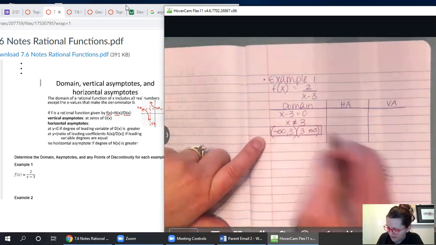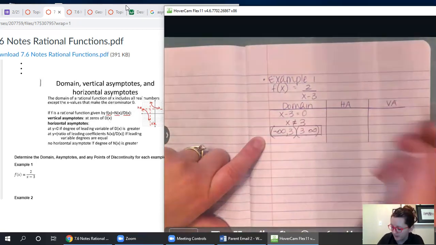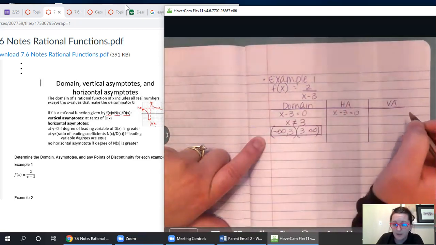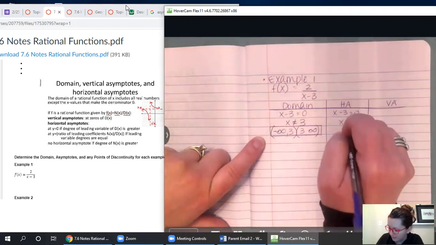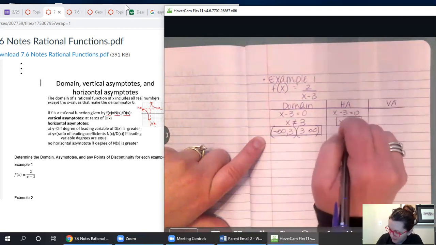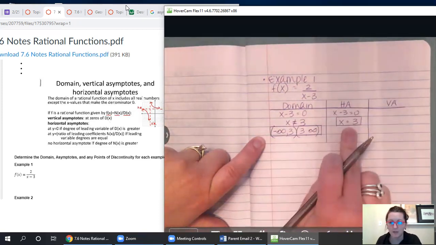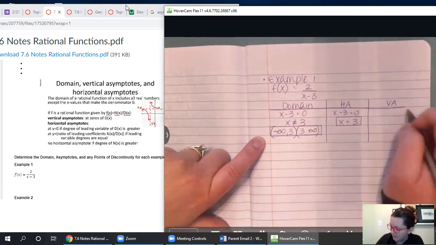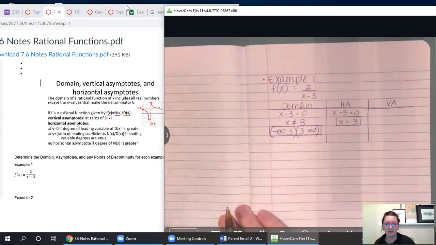My vertical asymptote in this case is the same thing. We set it equal to 0, except this tells us if it's an asymptote. So x equals 3 here. So this line is actually my asymptote. Notice they're the same numbers, but we're actually telling 2 different things from these numbers. Then my horizontal asymptote, I have to go back to my notes and look at my leading degree.